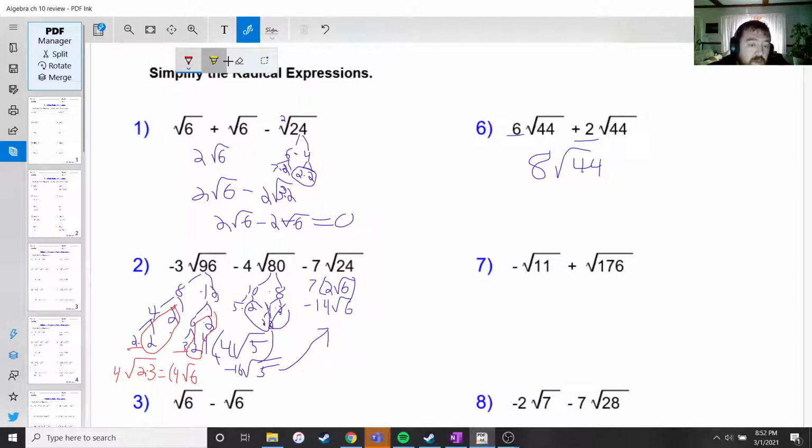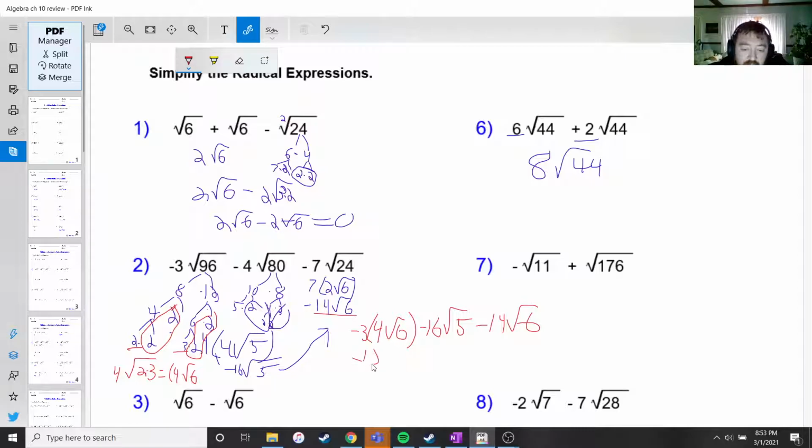Alright, now that we simplified the radical parts, I'm just going to rewrite this expression. So we've got negative 3 times 4 radical 6 minus 16 radical 5 minus 14 radical 6 as we found here.